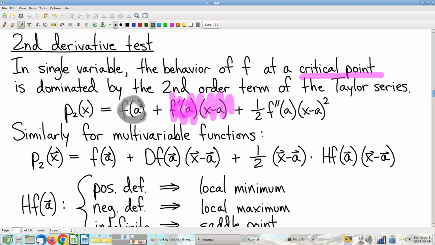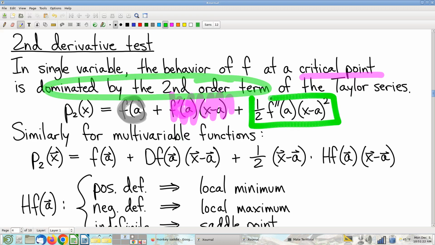So, if you want to know how the Taylor polynomial behaves, and keep in mind the Taylor polynomial is mimicking the function, then by extension, if you want to know how the function is behaving locally, nearby this critical point, you can pretty much just look at the second order term.